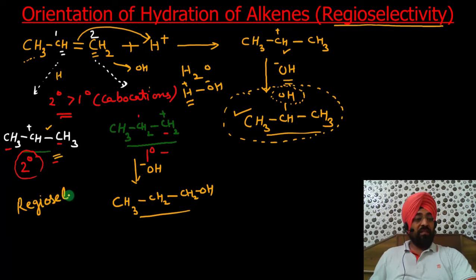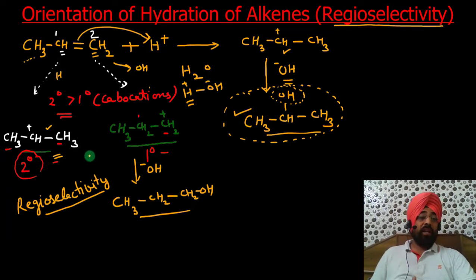So how can we define regioselectivity? Regioselectivity says that there is a possibility of forming or breaking a bond in more than one direction. Now this H has to make a bond with a carbon, so it can make it with this carbon as well as this carbon. There were two possibilities of making a carbon-hydrogen bond.